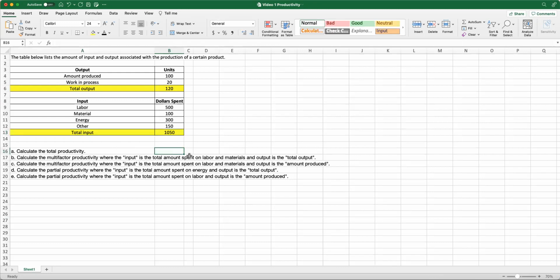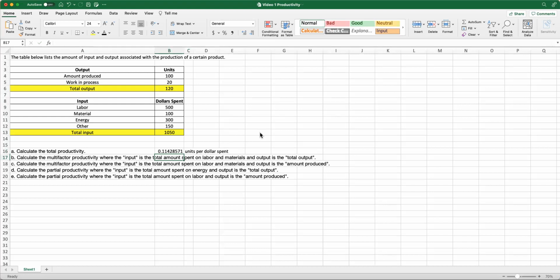So to get the total productivity measure, all I need to do is to divide 120 by 1050, because again, remember the formula is the total, the output divided by the input. So this leads us to 0.11 approximately, and we will say units per dollar spent.